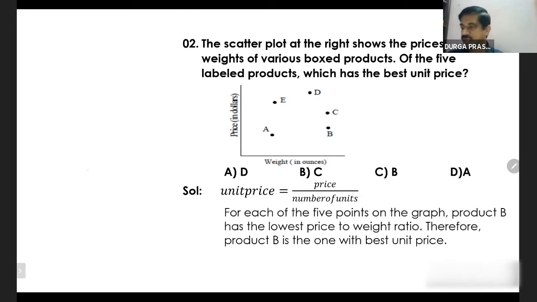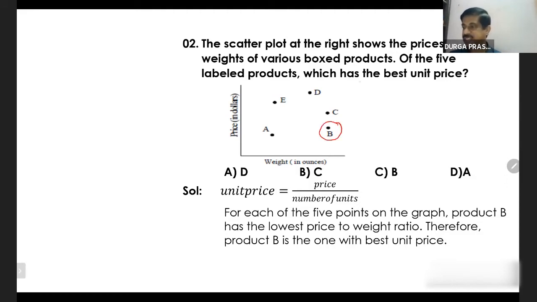If you look at each of the 5 points of the graph, B, its weight is very heavy, highest, and the price is almost in the second place, above A. That means if you take price by the weight, this shows very least value.